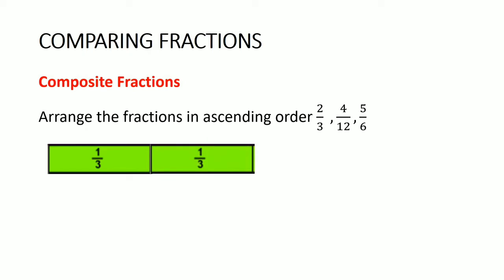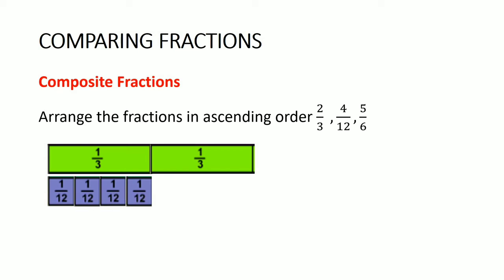We do the same for the 12 strips. We see 4/12, so we select the 12 strips, but remember, since there are 4 twelfths, we need 4 of these strips. We align them to each other, put them alongside each other so that they touch each other.